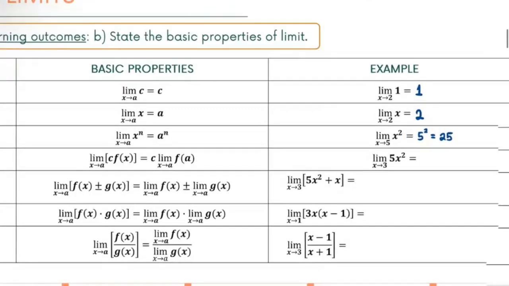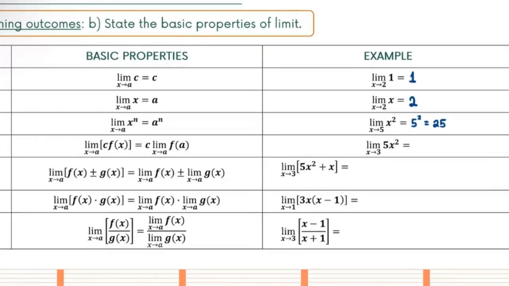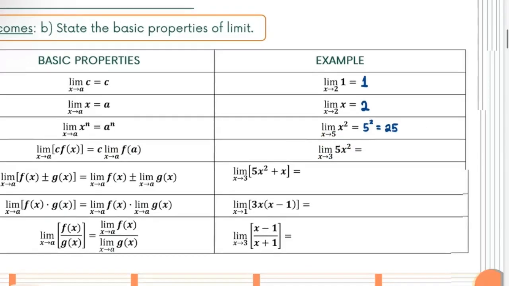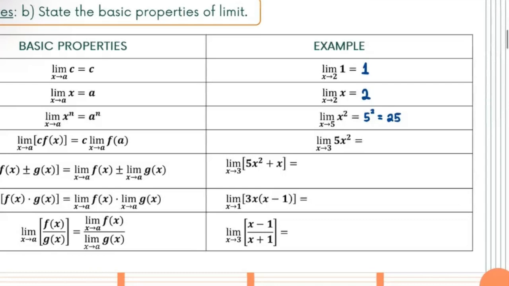Okay, now next one. So the limit of c f(x) as x approaching a. So ini kita boleh factorize constant. Constant kita boleh bawa keluar. So dapatlah c dekat luar multiply by limit of a function f(x) as x approaching a. So maksudnya dekat sini saya boleh menggabungkan dia kepada, ini kita akan tulis sebagai factorizekan 5 keluar and then kita akan buat limit of x squared as x approaching 3.